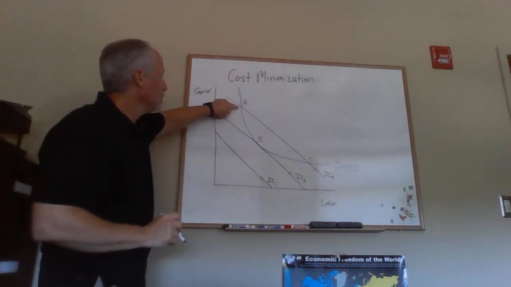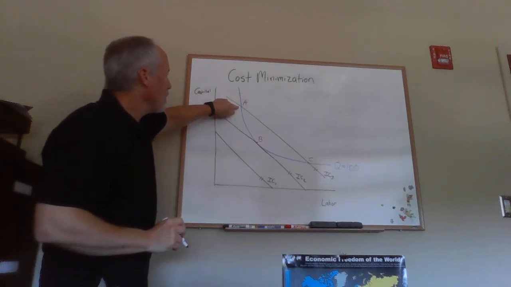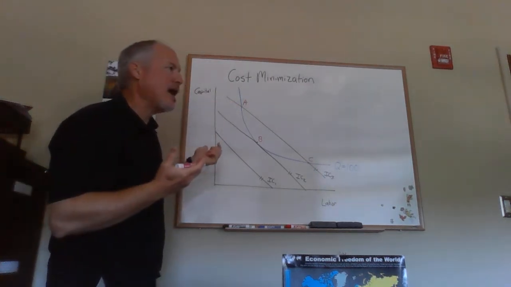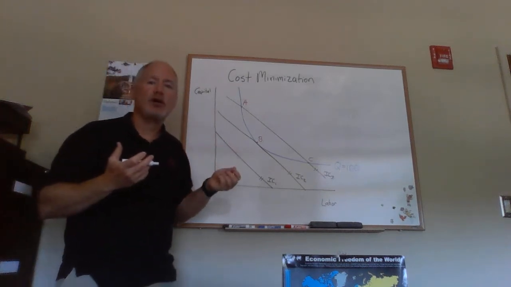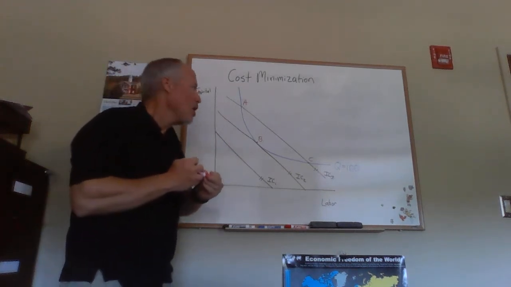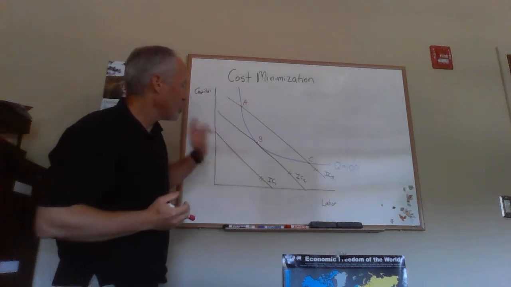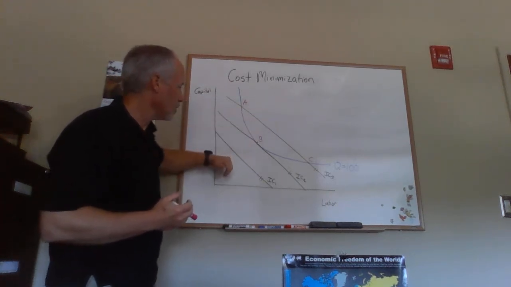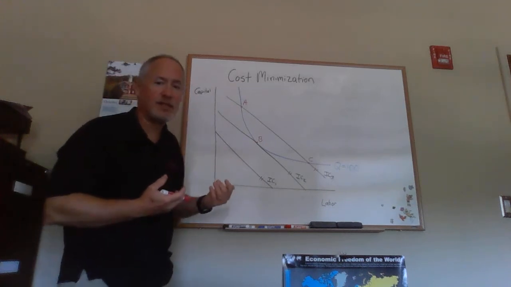At point A, the isoquant is steeper than the isocost. So does point A minimize the cost of production? Well, no, because we know that isocosts that are farther to the northeast are more expensive, and those that are closer to the origin are less expensive.